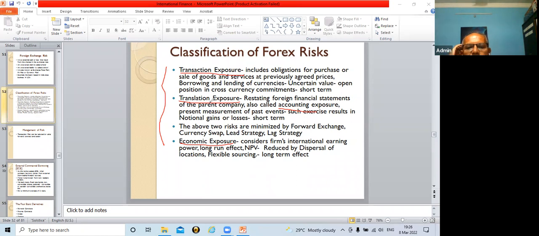Asset विकणे, त्याला आपण म्हणतो liquidation. तर इथे आपण asset विकत नाहीयेत, we are just valuing our assets. तर त्यावेळेला there is a risk in valuation of assets. तर काय रिस्क आहे? Parent company present measurement of past events, such exercise results in notional gain or losses in the short term.